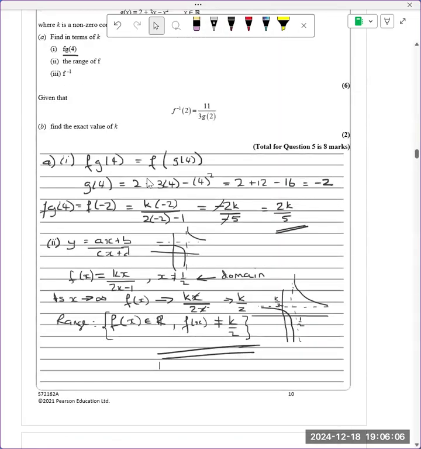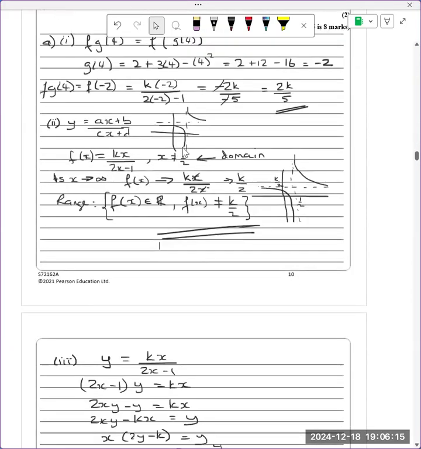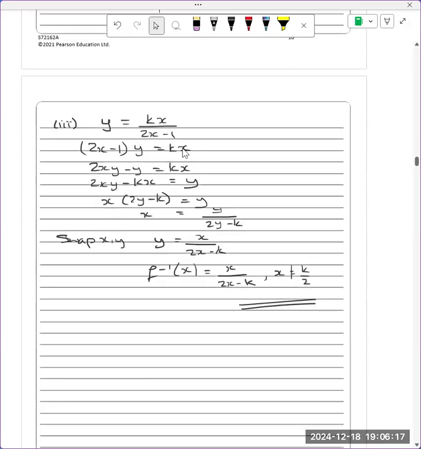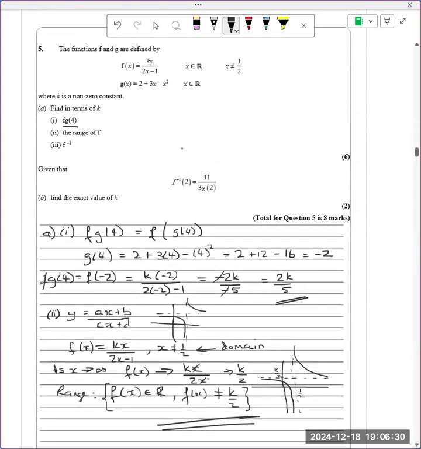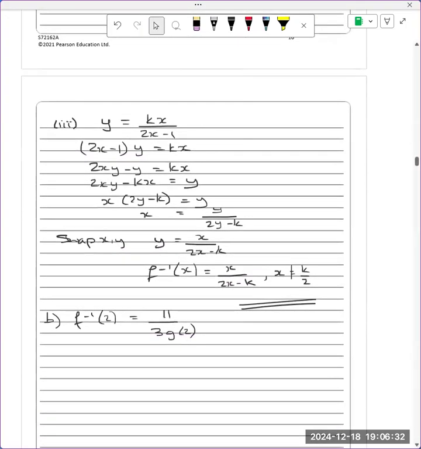We haven't finished yet. We've also got to solve for k, given that f inverse of 2 is 11 over 3 g of 2. So f inverse of 2 is 11 over 3 g of 2. Just double checking again. Every time you're turning a page, you're risking introducing an error.